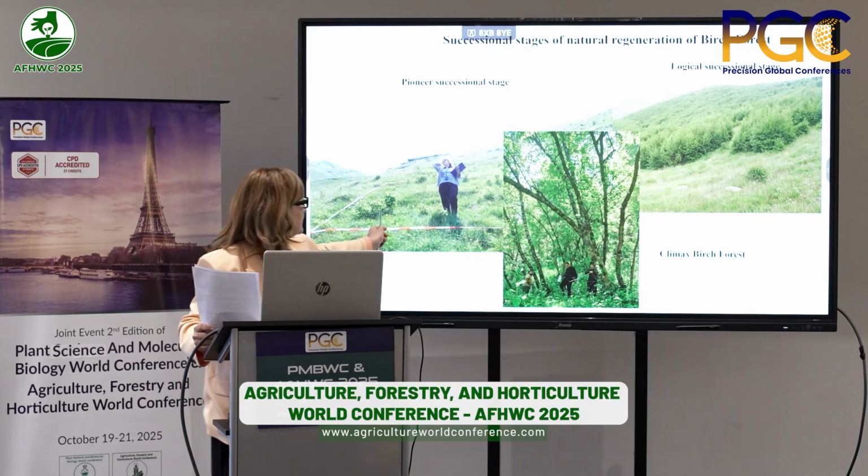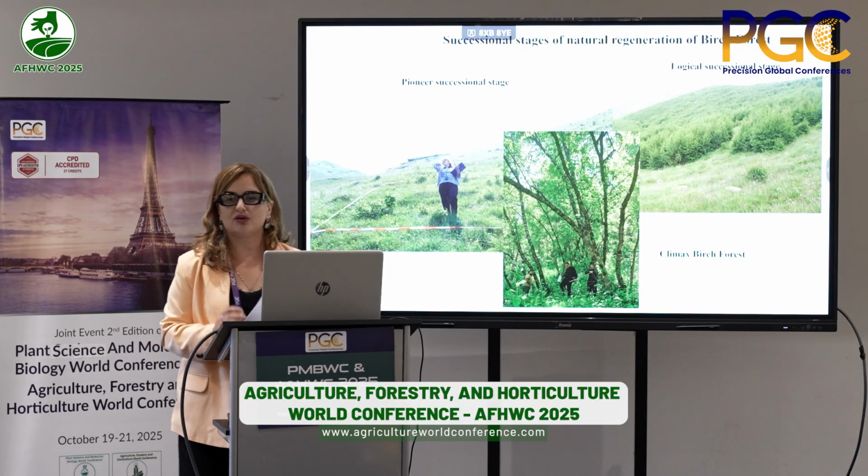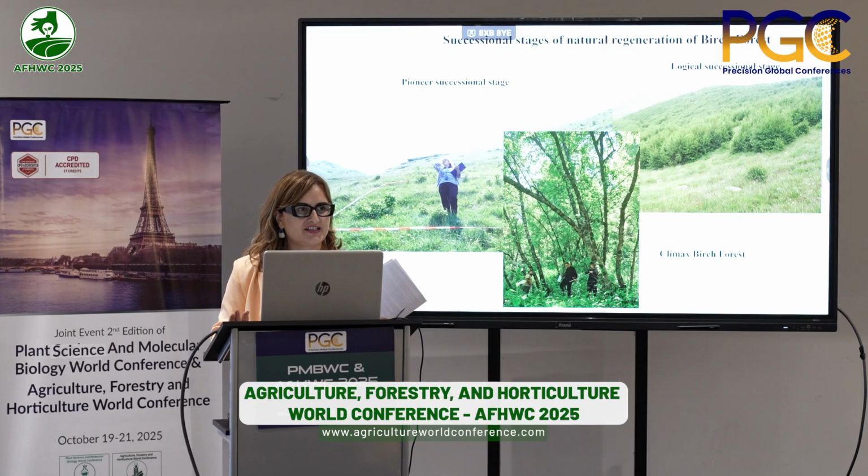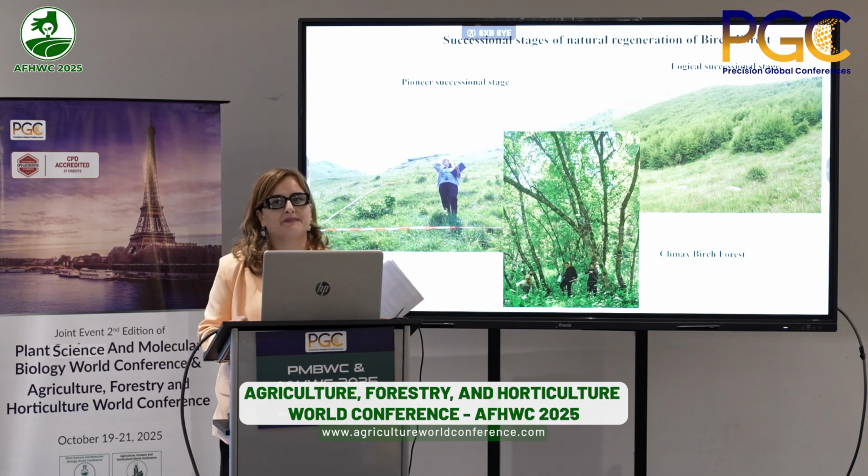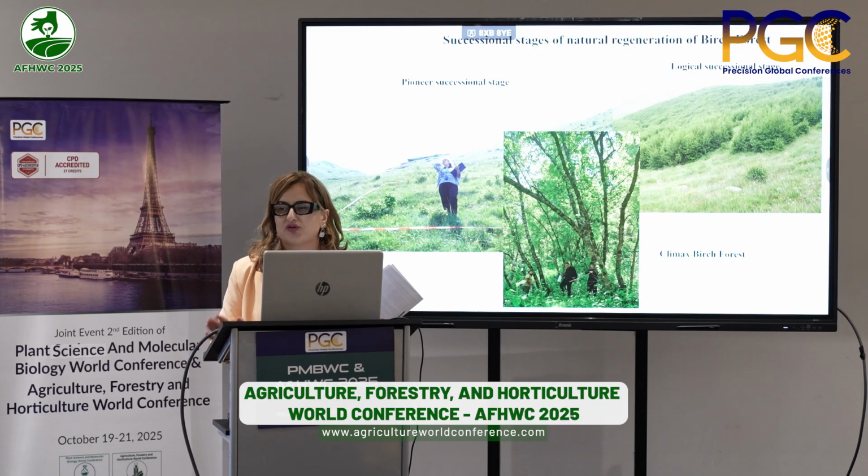You can see seedlings of birch, but not just birch seedlings. There are different kinds of tree species, wood species, and shrub species, and others. This is a species combination of birch forest.